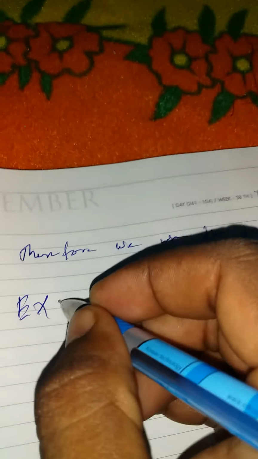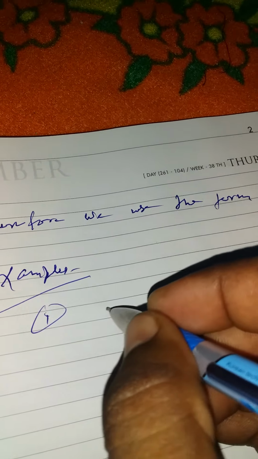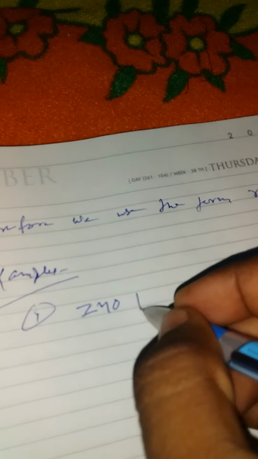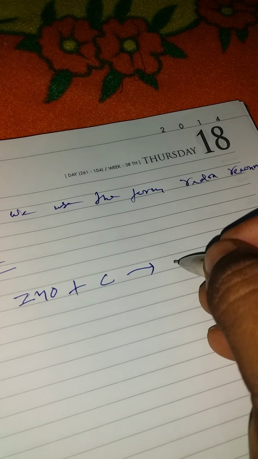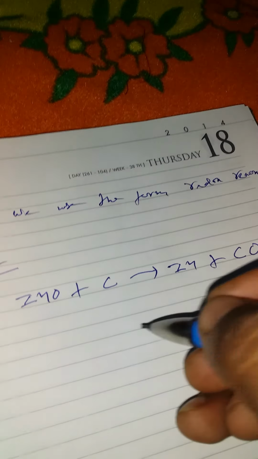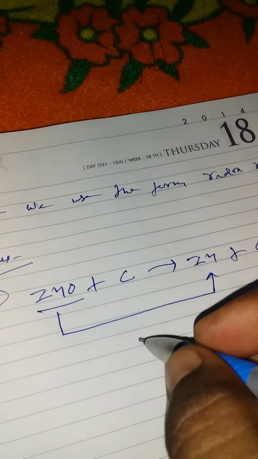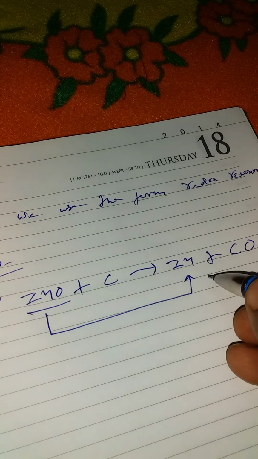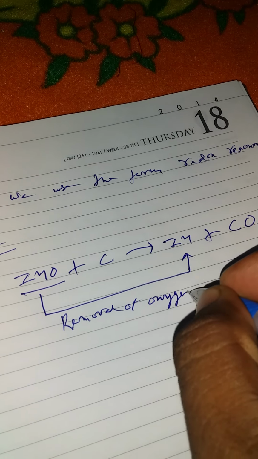We can make redox reaction clearer by taking different examples. Example number 1: zinc oxide reacts with carbon in the form of coke to form Zn plus CO. Here we see that ZnO converts into Zn, that means removal of oxygen.